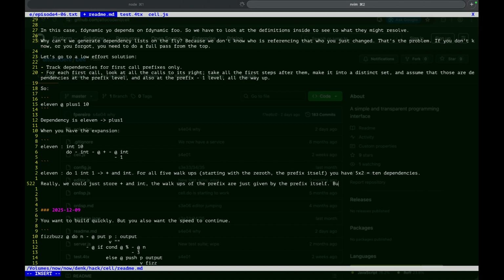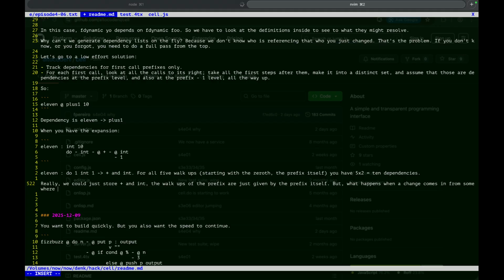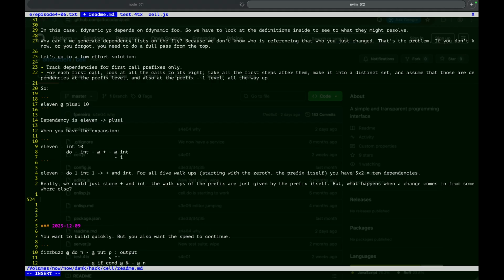But what happens when a change comes in from somewhere else? If the change is in int, potentially we need to redo this call.